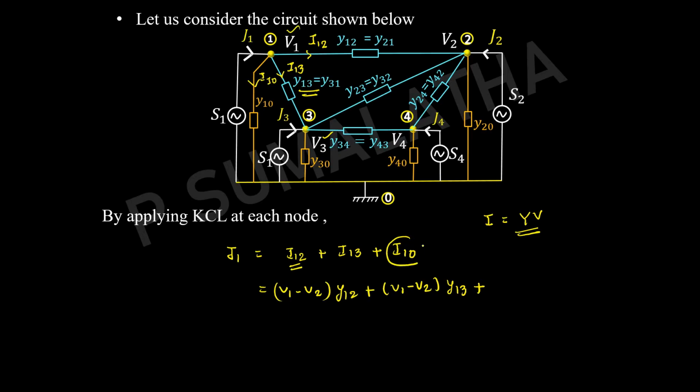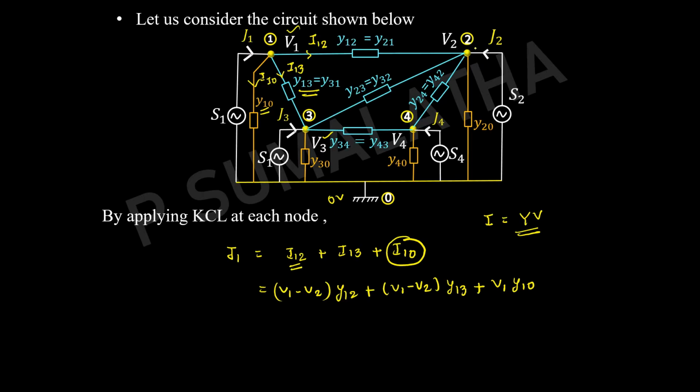Coming to I10, the voltage of the first bus is V1 and the voltage of the reference node will be at 0 volts, so that will be V1 minus 0, which is V1 into the admittance connected between these two, that is Y10. So this is the first equation that we are going to get.